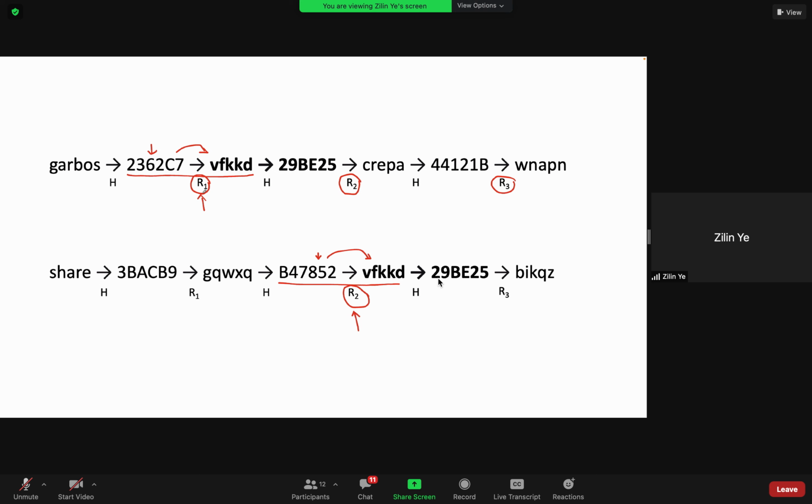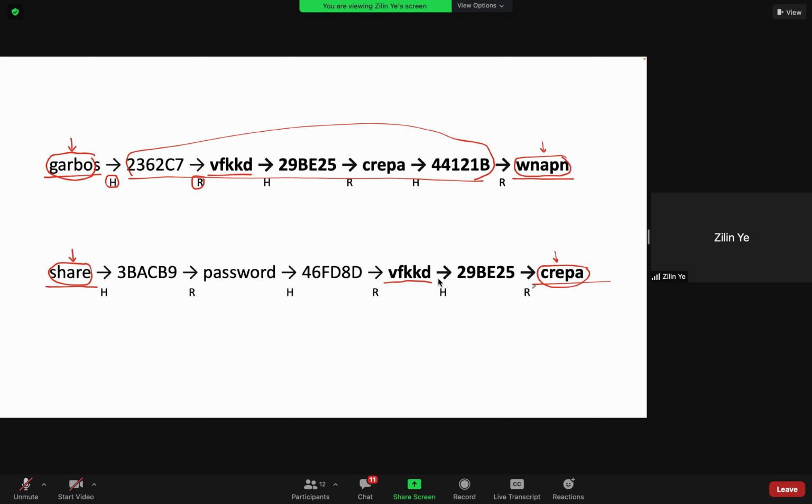The idea is, as long as the collision is not happening on the same iteration, only part of the chain will contain the repeated values. Because you see, afterwards we have some values that look the same, but because we are using different reduce functions, anything afterwards will be different. And that's why we want to use a different set of reduce functions to solve this collision issue.